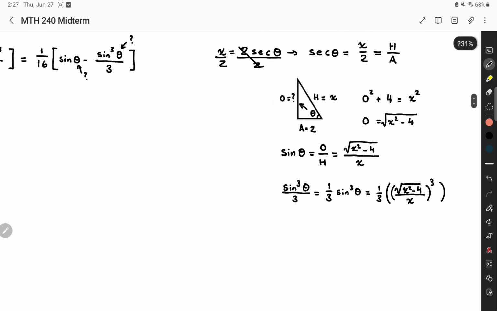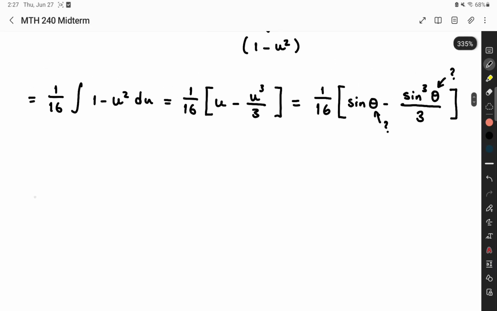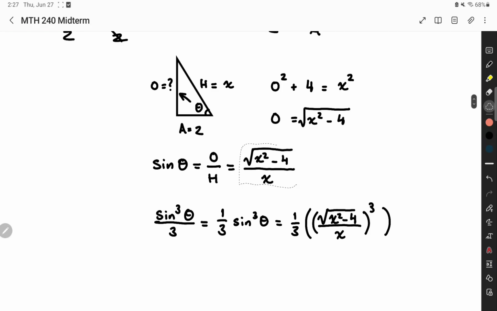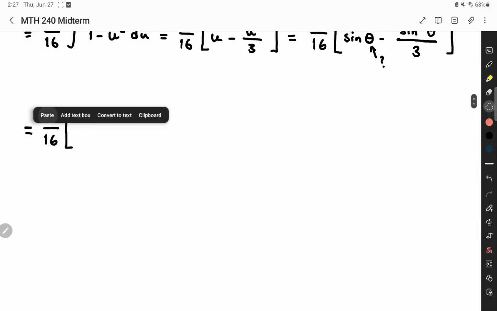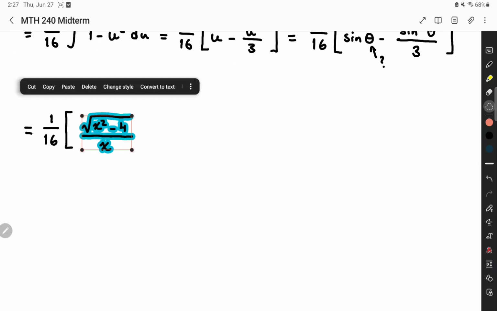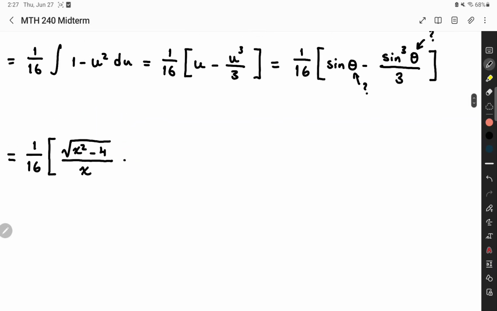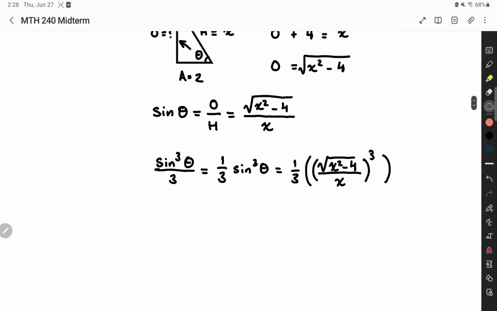So now let's use these and put it into a final expression. So then, it's equal to 1 over 16, our sine theta, which we know was this, sine theta, and this is then subtracted by sine cubed theta over 3.